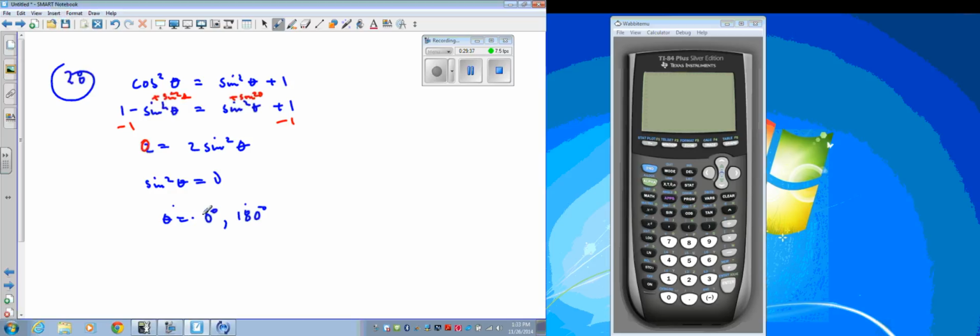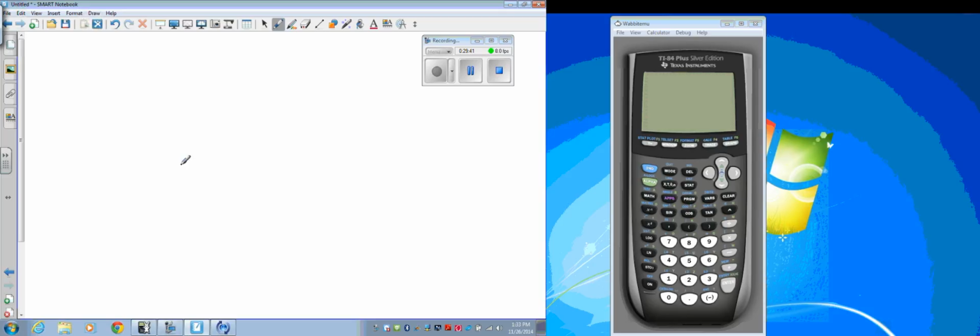Okay. Which one? 2830. So sine squared cosine. Okay, what would you do there? Anyone have an idea?